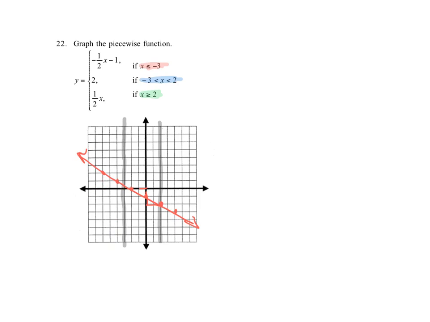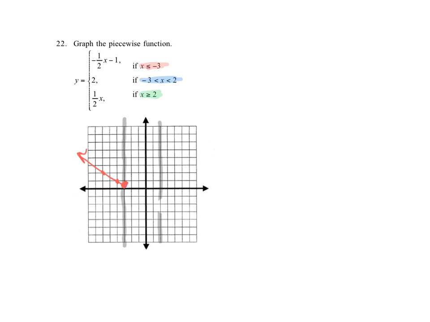So I'm going to start my graph here. And I'm going to erase the rest of it, because I don't need that part. And it's less than or equal to, so I'm going to have a solid circle right there.